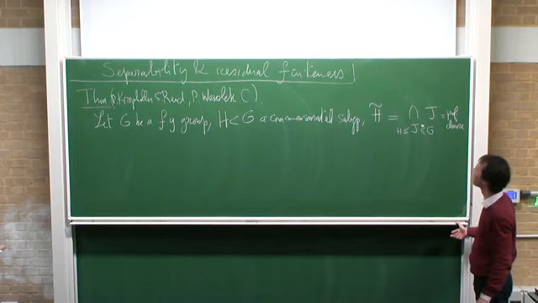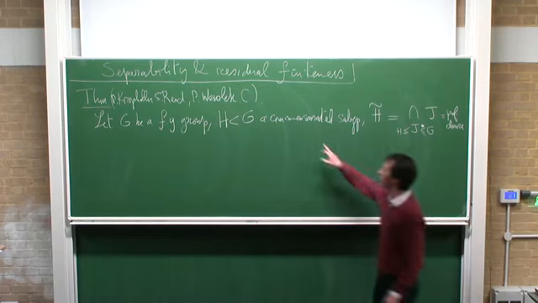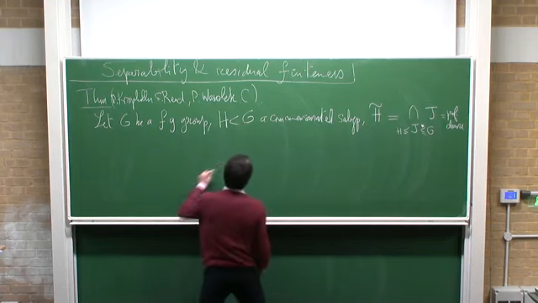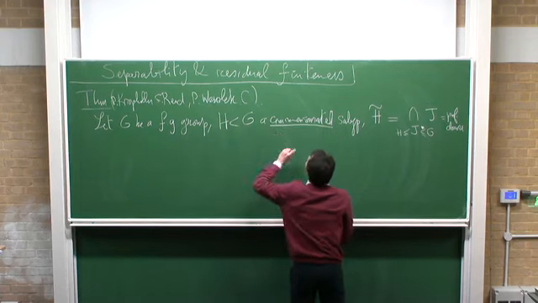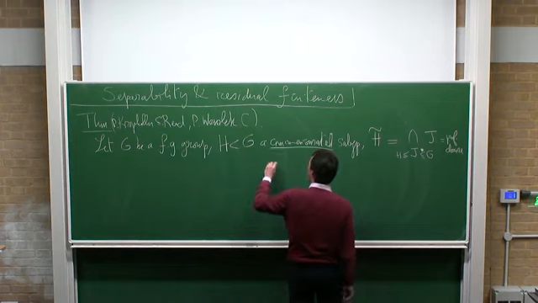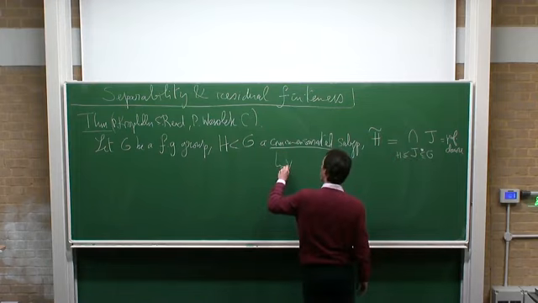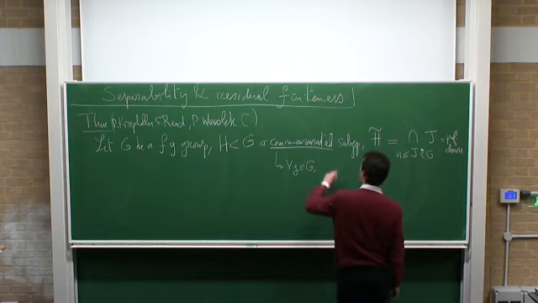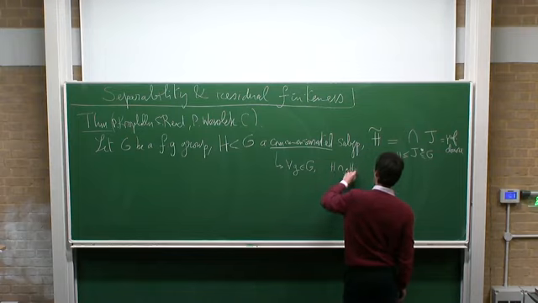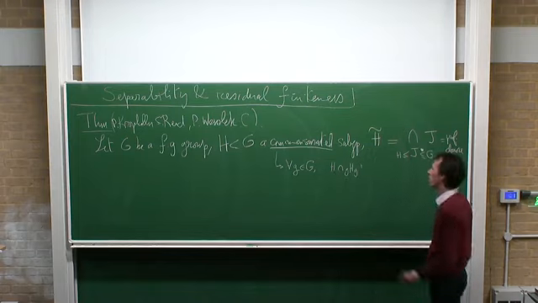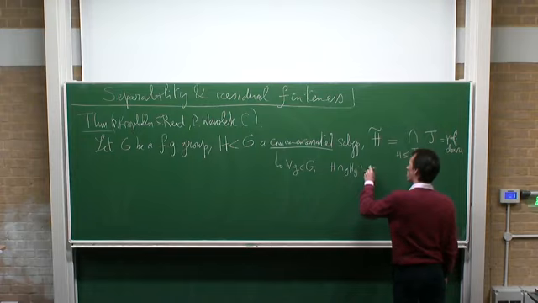What does commensurated mean? This means every conjugate is virtually H, so for every g in G, if I intersect H with the conjugate by g, I get something of finite index in H.